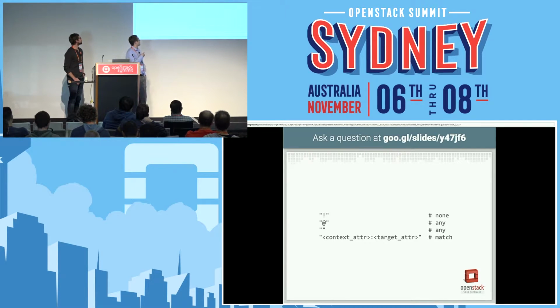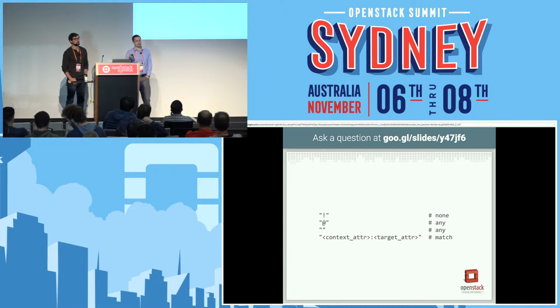And then the last here is a little bit more complicated. But what that's doing is it's taking something from the context, which is basically think of that as your token. When you get a token, it's going to have some role information, your user ID, the project ID, maybe the domain ID for the project. That kind of information will be associated with your context from the token. And then it's going to try to match that against some attributes from the target.